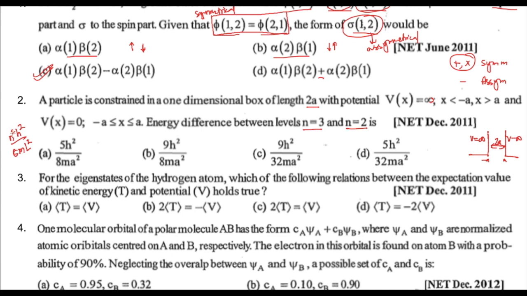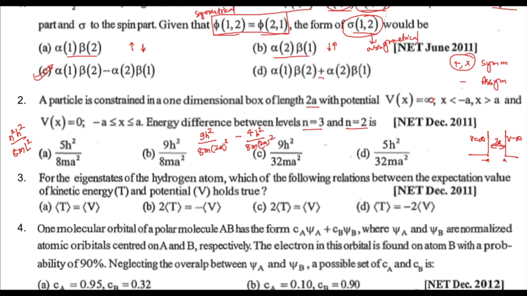So if you put 3, what you are going to get is 9h square divided by 8m (2a) square. That is for energy level 3, minus for energy level 2, because 2 square is 4, 4h square divided by 8m (2a) square.